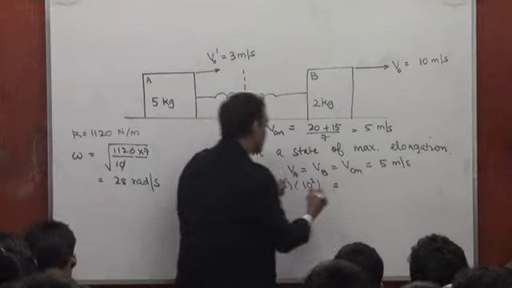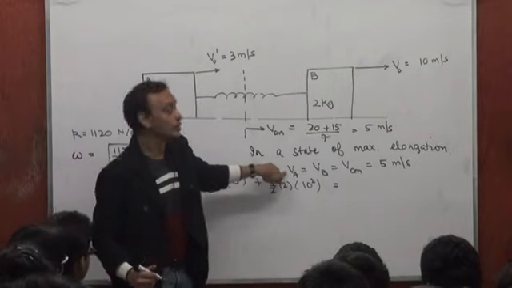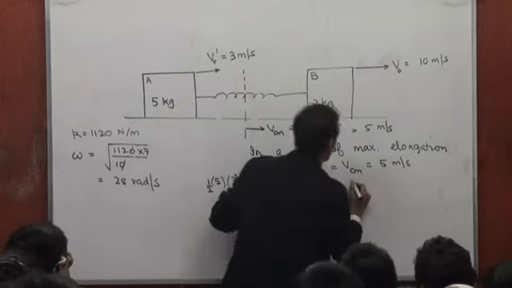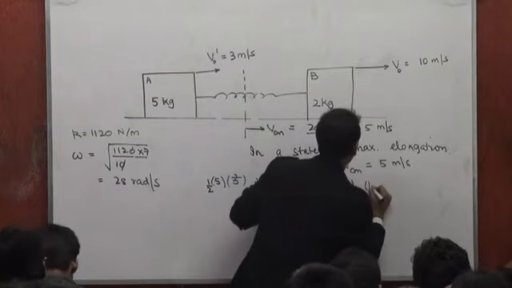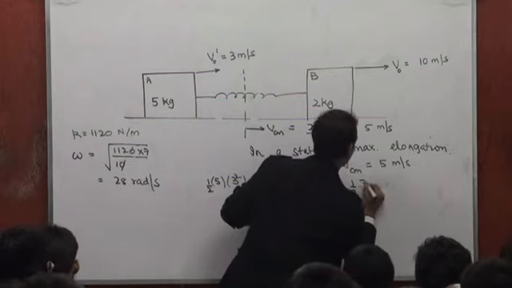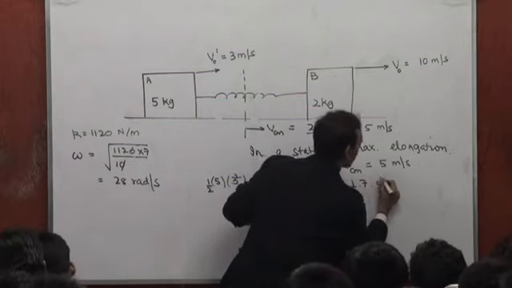And in this state, half ma va squared plus half mb vb squared. So half of ma plus mb, which is half of 7 into 5 squared.